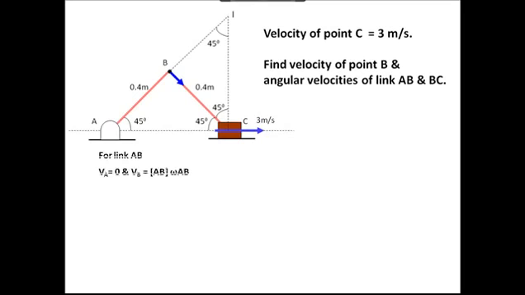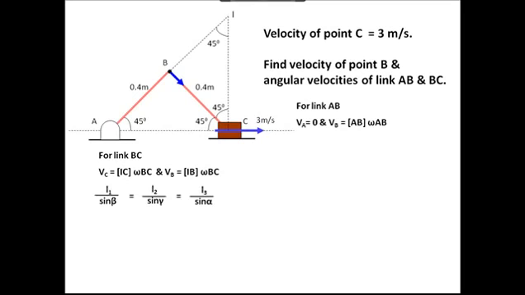For link AB, VA is 0 and VB is AB into omega AB. Similarly, for link BC, VC is IC distance into omega BC and VB is IB into omega BC. If the sine rule is applied to triangle IBC, it will be IB upon sine 45 equals IC upon sine 90 equals BC upon sine 45.